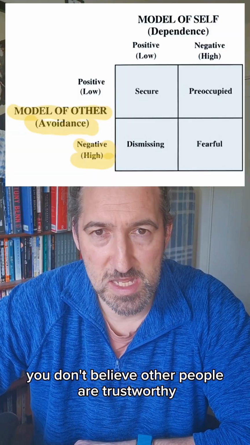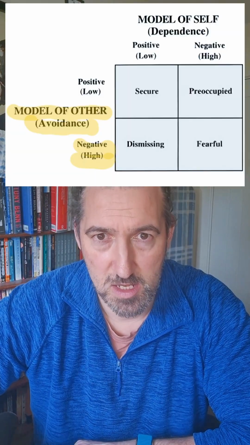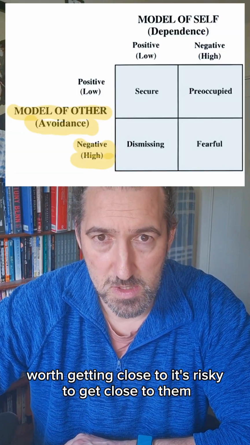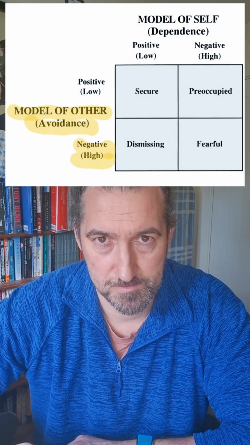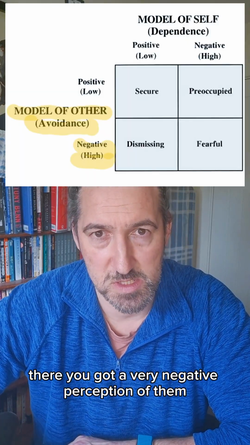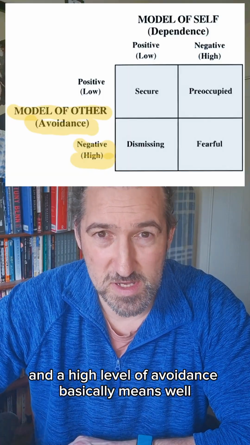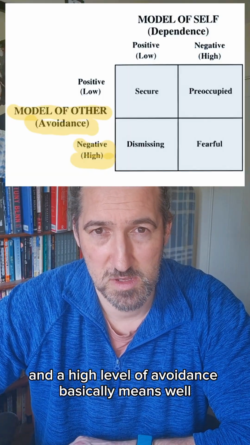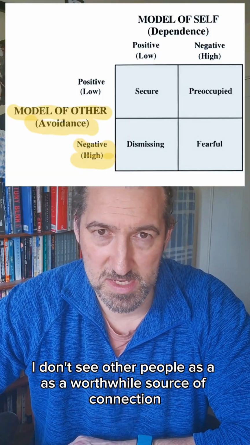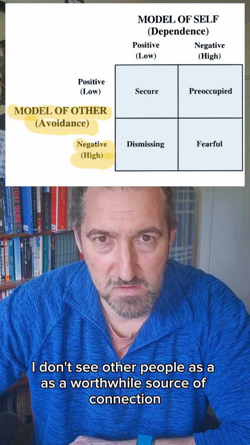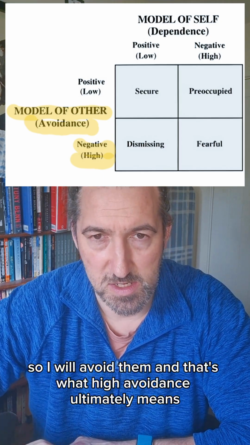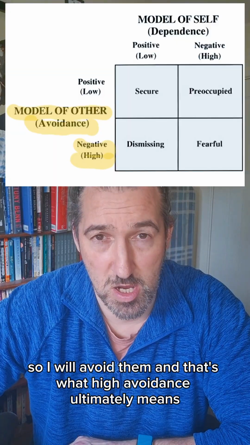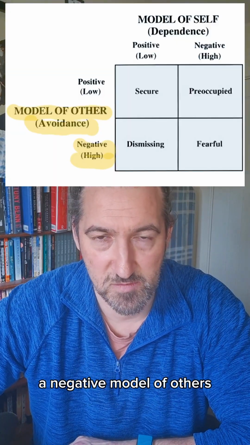You don't believe other people are trustworthy or worth getting close to. It's risky to get close to them, so you avoid other people. A high level of avoidance basically means, I don't see other people as a worthwhile source of connection, closeness, intimacy, so I will avoid them. And that's what high avoidance ultimately means, a negative model of others.